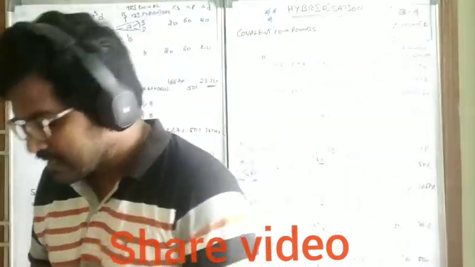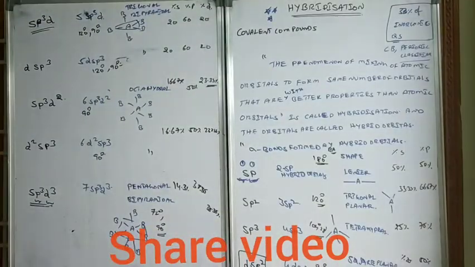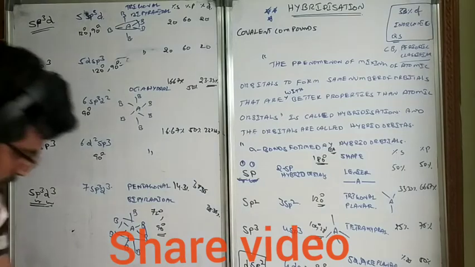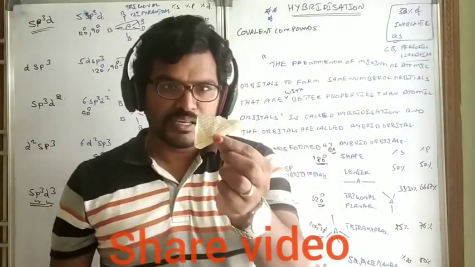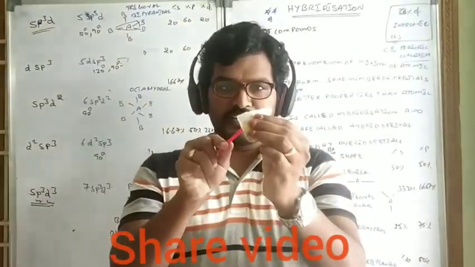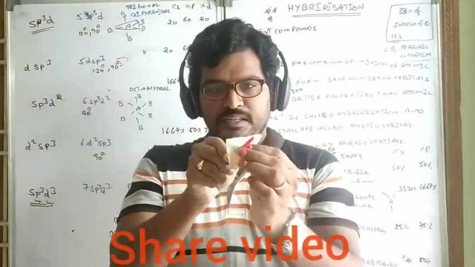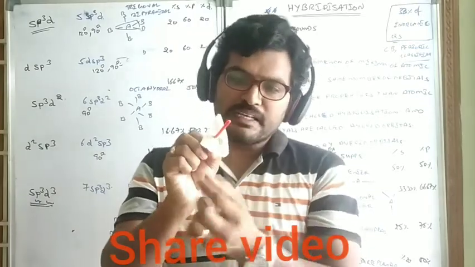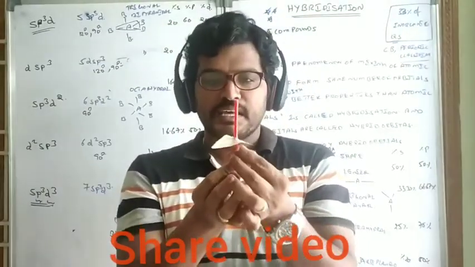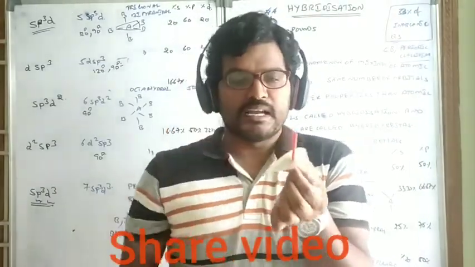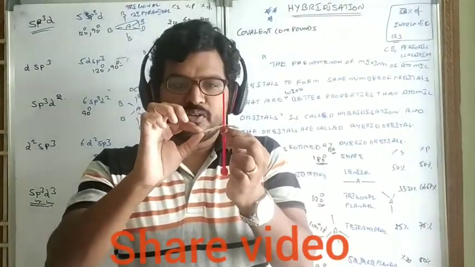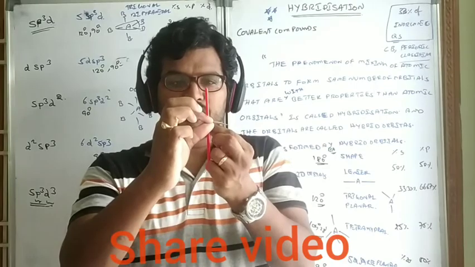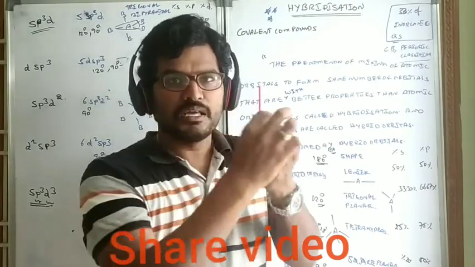Sir, what is trigonal bipyramidal? So let me show you this. Why is it called trigonal? If you see this one, this is a triangle, right? And if you see this thing, exactly where I am piercing this, that point is the central atom. Here one atom will be on this corner, one atom on this corner, and another atom on this corner.